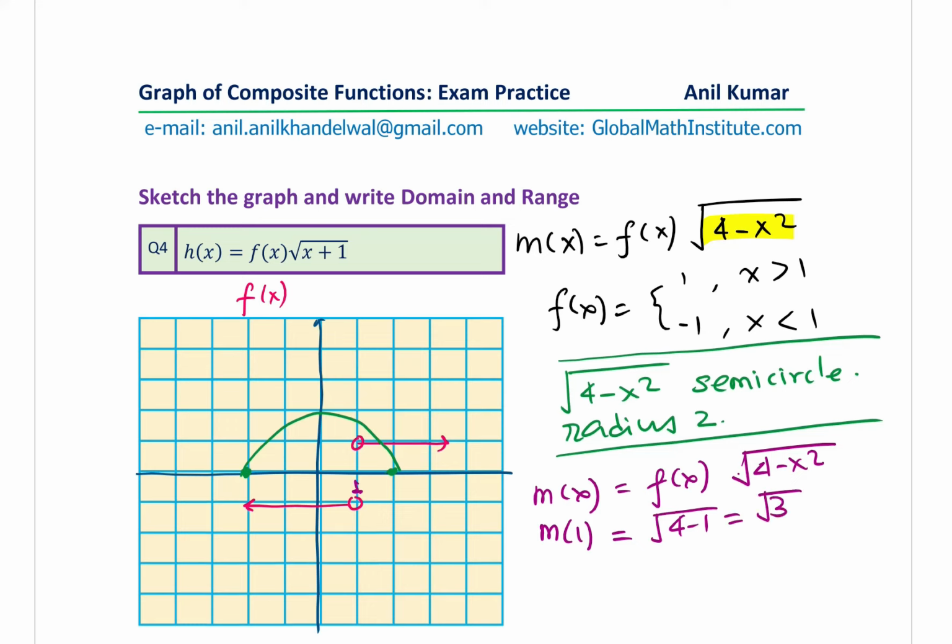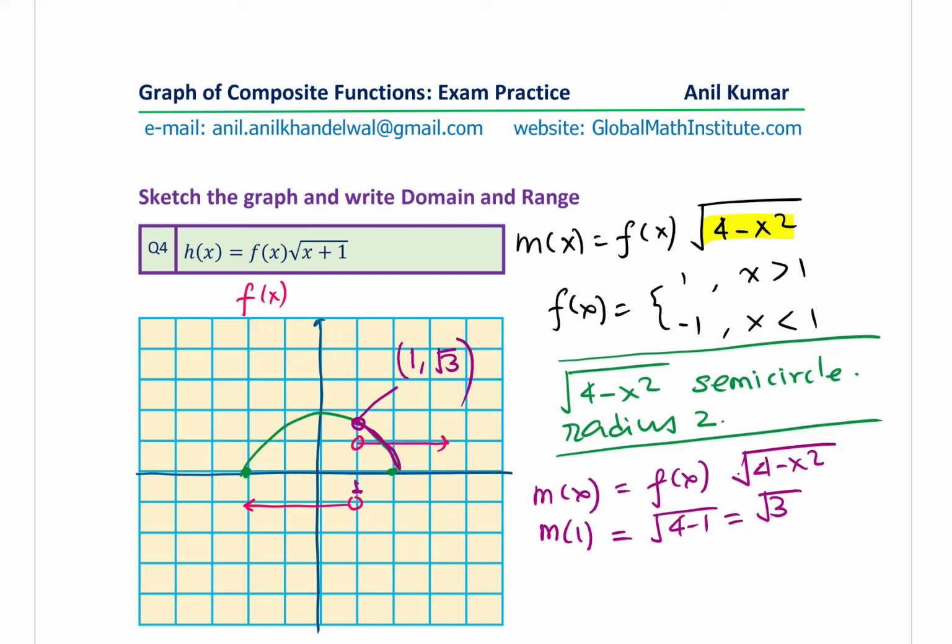So this value here is square root of 3, which could be written as the point (1, square root of 3). Correct? As far as the graph on the right side of 1 is concerned, it is going to remain exactly the same, with a hole at (1, square root of 3).